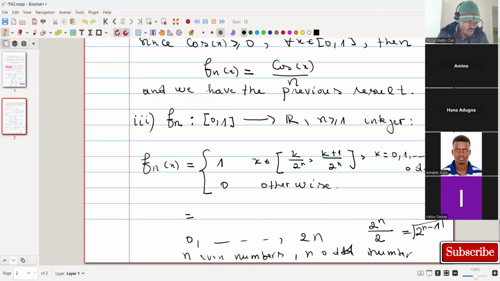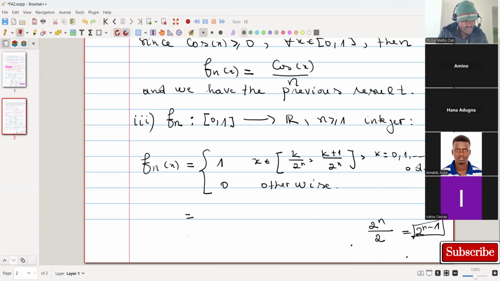This is the number of odd numbers that we have between 0 and 2^n. If I put capital N here, I will just say capital N over 2. You can just take an example: from 0 to 10, you are going to see that you have 5 odd numbers and also 5 even numbers.